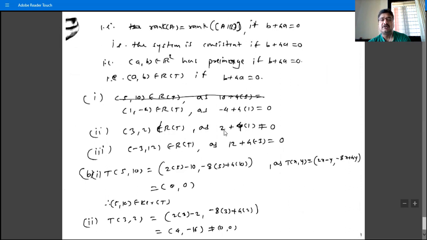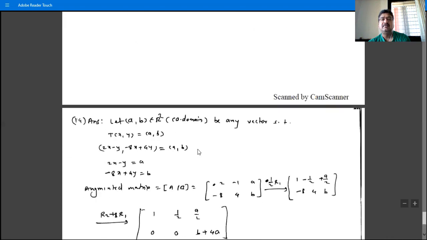It does not belong to R(T) because 2 plus 4 into 3 is not equal to 0. So for (3, 2), b plus 4 into a, that is 2 plus 4 into 3, is not equal to 0. So (3, 2) does not belong to R(T).